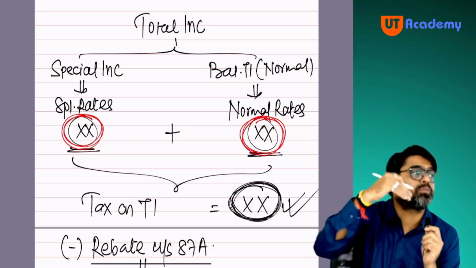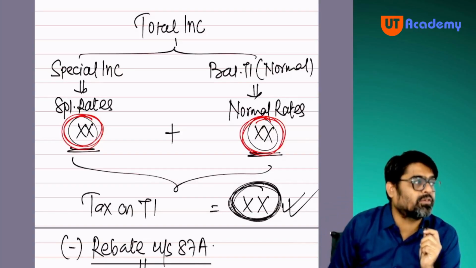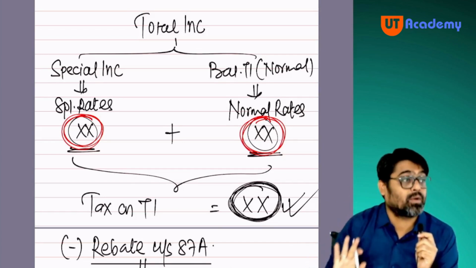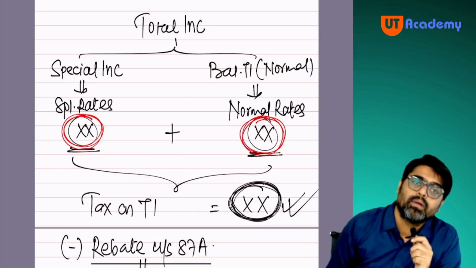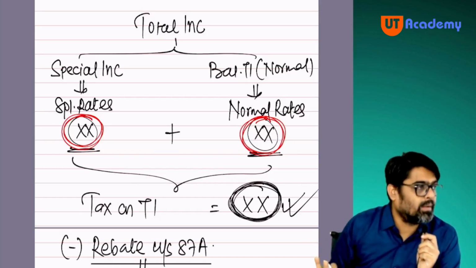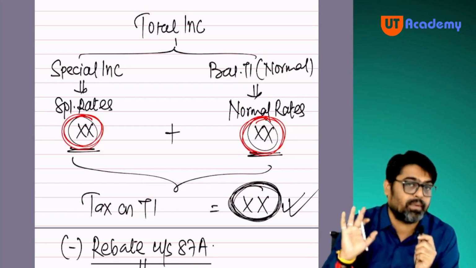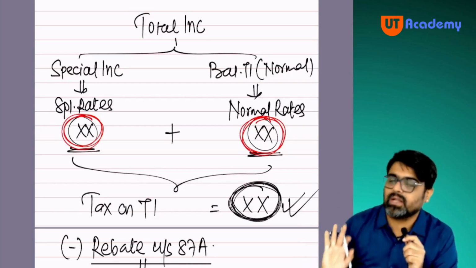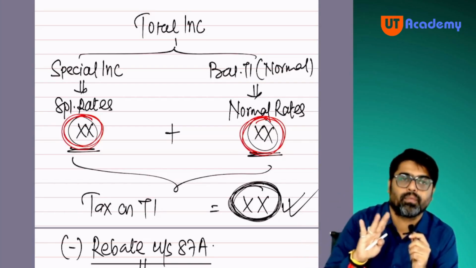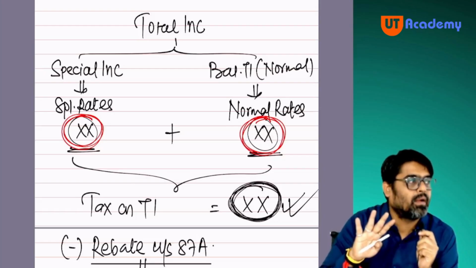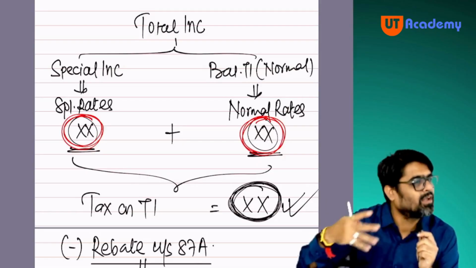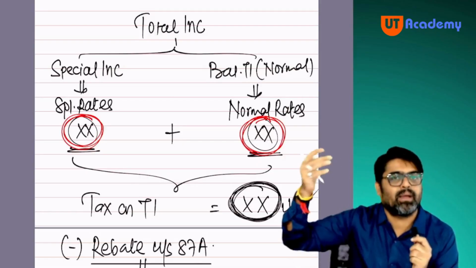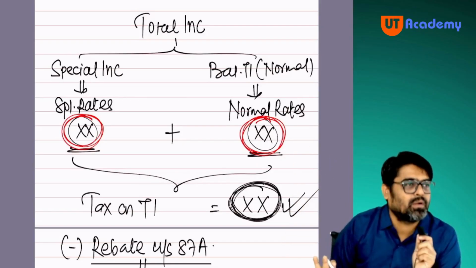If the total income is more than 1 crore but not more than 10 crore, then the rate of surcharge is 7%. And if the total income is more than 10 crore, then the rate of surcharge will be 12% in the case of domestic companies. Now tax including surcharge will come. On that apply cess. You will get gross tax liability. Then TDS, TCS, advance tax, you will reduce. You will get net tax liability or refund. Easy or not? Understood?